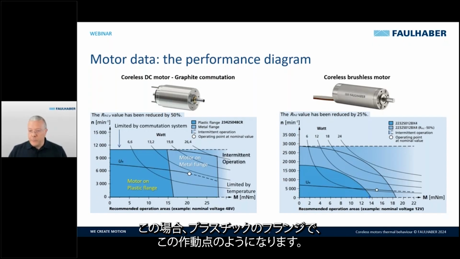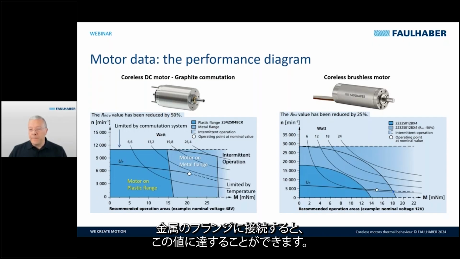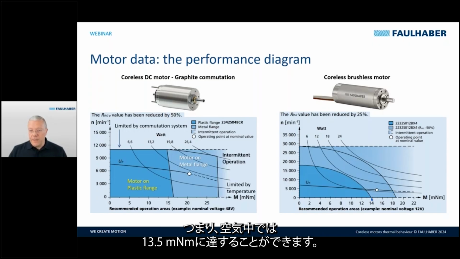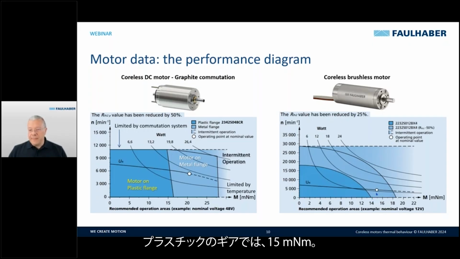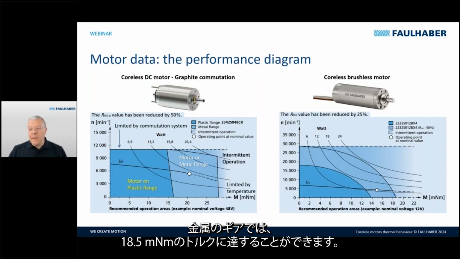In this case it is with a plastic flange, like in this working point here, and then with a metal flange we can reach this value here. So in air we can reach 13.5 millinewton meter. With a plastic flange we can reach 15, and with a metallic flange we can reach 18.5 millinewton meter of torque.